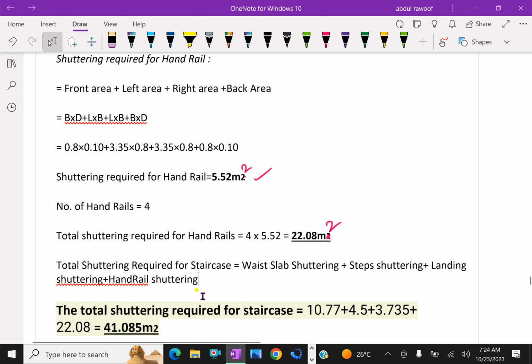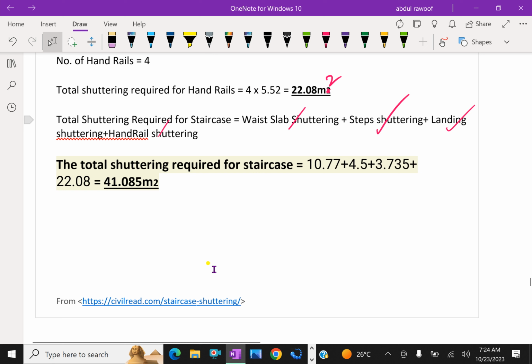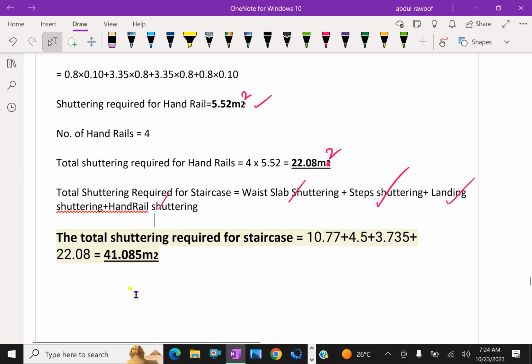Total shuttering required for staircase: we calculated waist slab area, step shuttering, landing shuttering area, and handrail shuttering area. So total addition of all the areas gives 10.77 plus 4.5 plus 3.735 plus 22.08. Totally 41.085 meters square is the required area of shuttering for the given staircase.